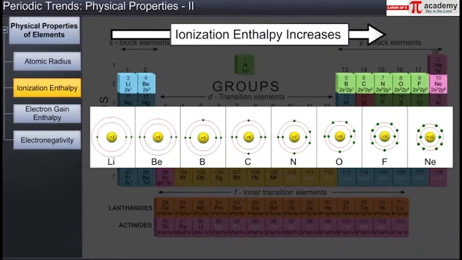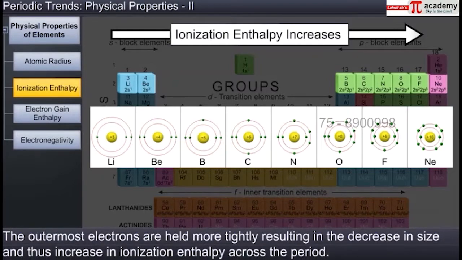Thus, across a period, the increasing nuclear charge outweighs the shielding effect. As a consequence, the outermost electrons are held more tightly, resulting in the decrease in size, and thus increase in ionization enthalpy across the period.